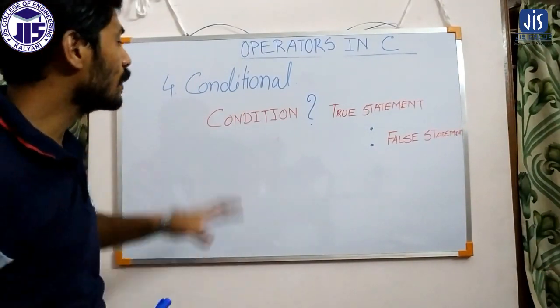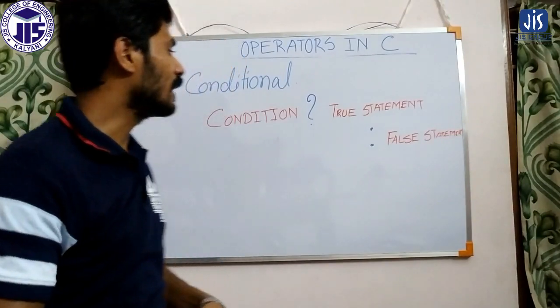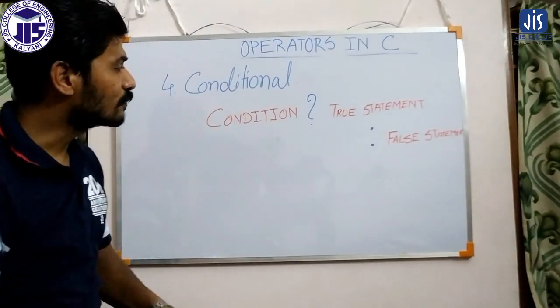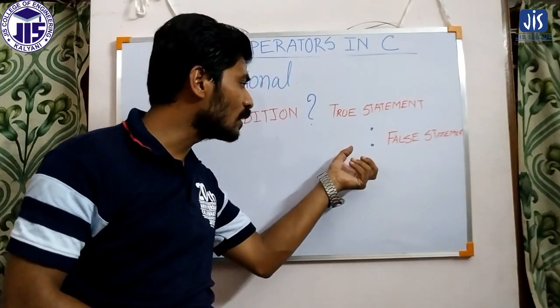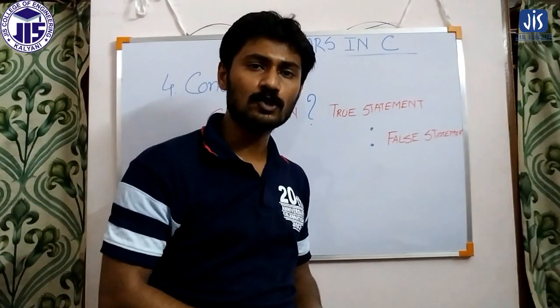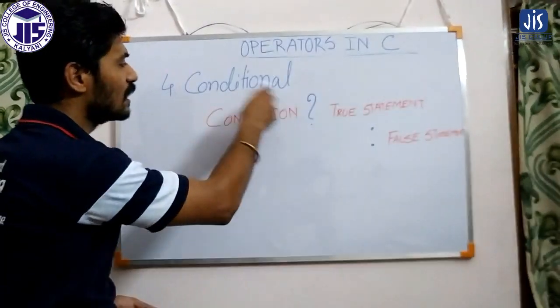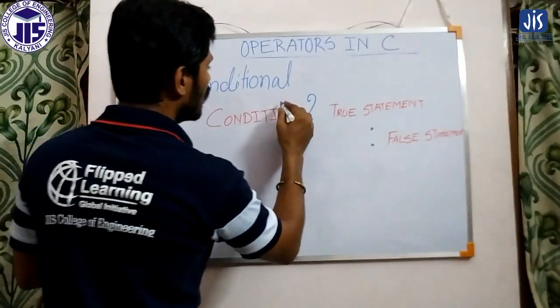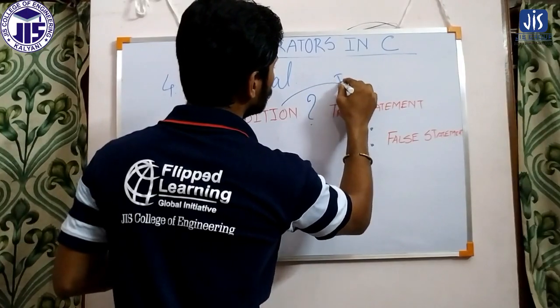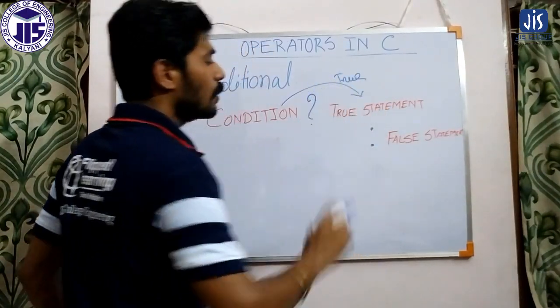And we represent it like this: first we write the condition, after that we provide a question mark, then we write the true statement, then we provide the colon, then we write the false statement. So what will happen? First it will check the condition. If the condition is true, then the true statement will be executed.